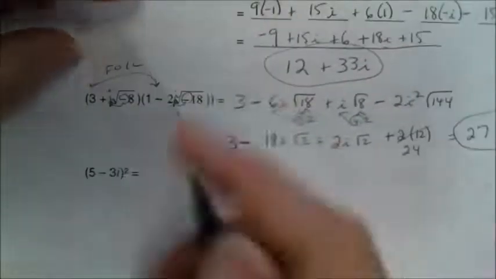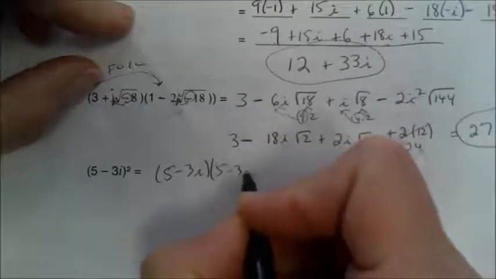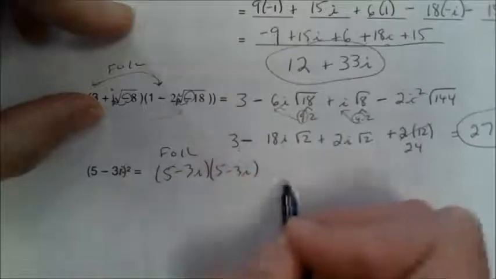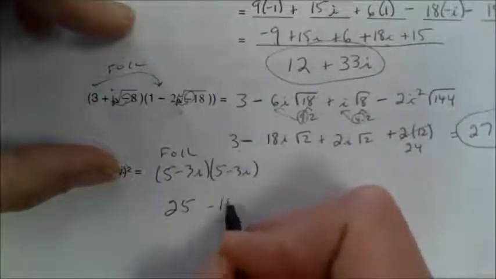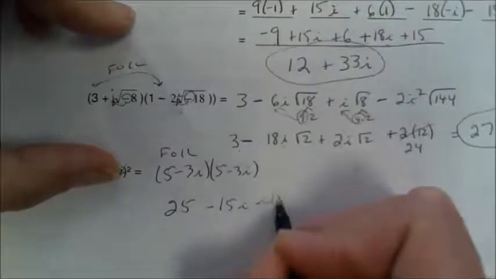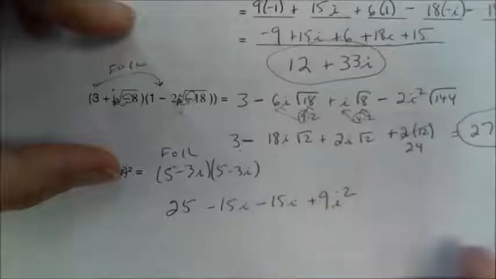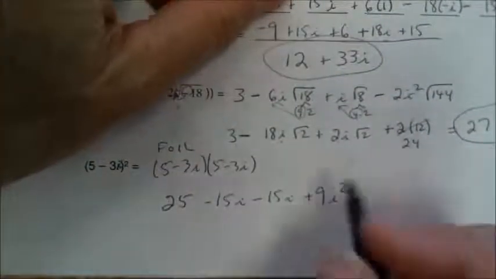And then the last one, 5 minus 3i times 5 minus 3i, is a FOIL, F-O-I-L. When you square it, remember you have to FOIL. So 25 minus 15i minus 15i, 3 times 3 is 9, i times i is i squared, and negative times negative is positive.